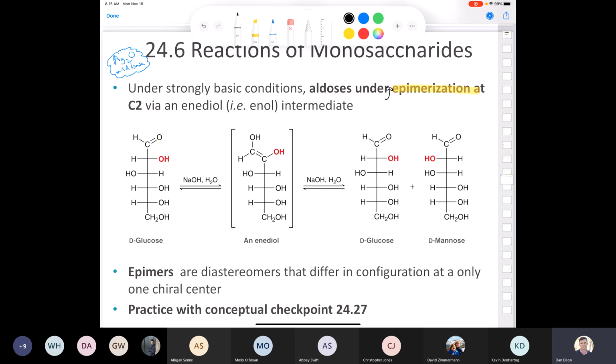What's tautomerization? It's the movement of a hydrogen atom and a pi bond, okay? So we cause a tautomerization here to form an enediol. Where does the word enediol come from? Well, you've got an alkene and you've got a diol, so that's not too hard to put together. Anyhow, you form an enediol, but that can also undergo tautomerization as well. So that's the process that's occurring here.